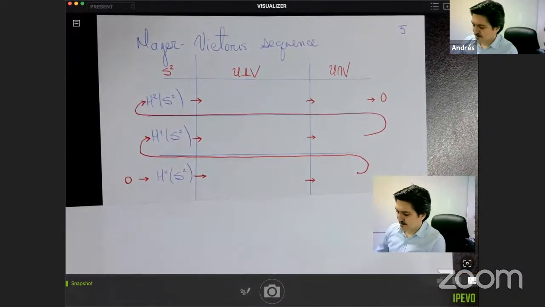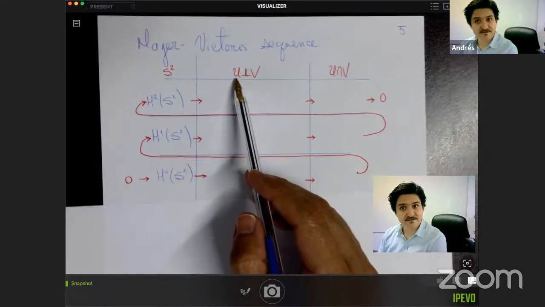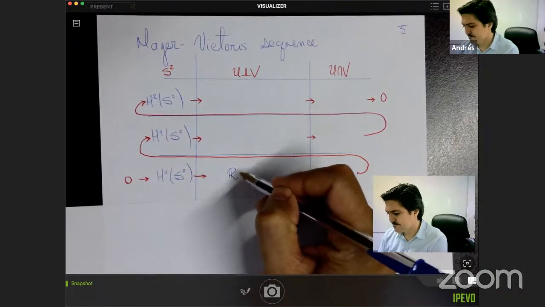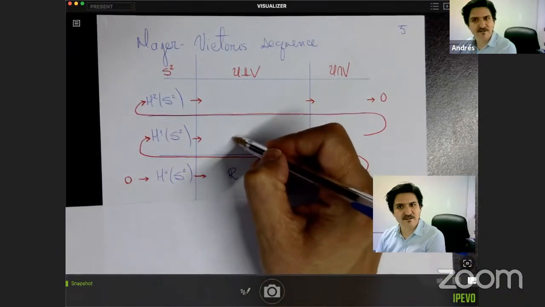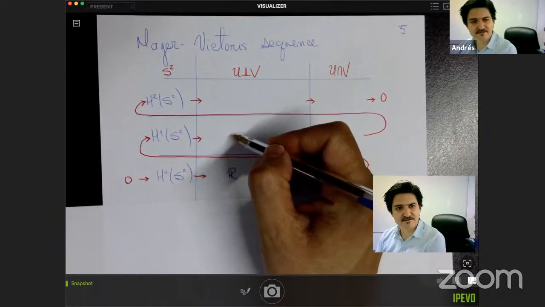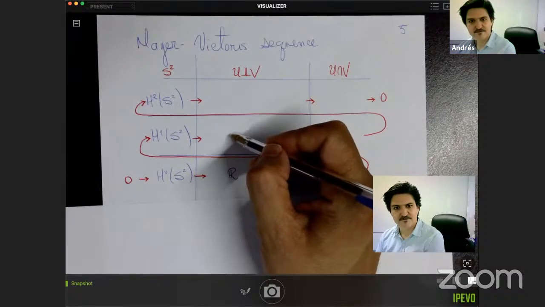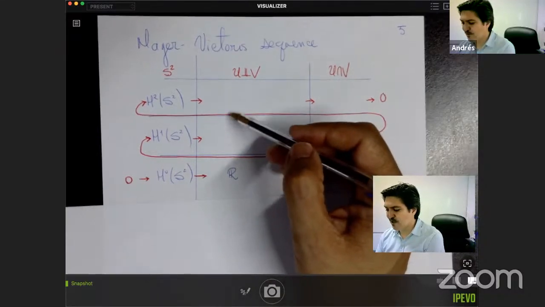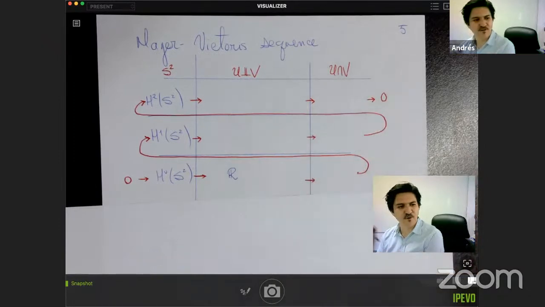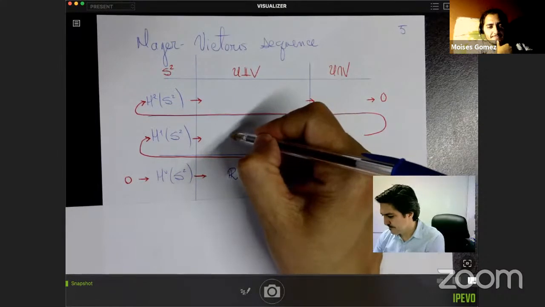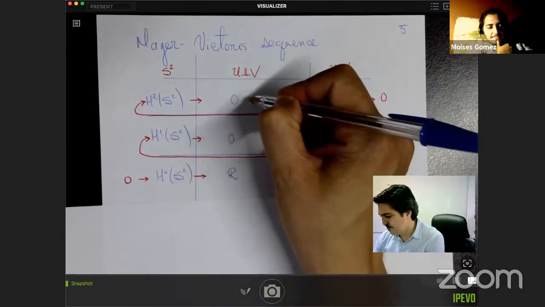Okay, so U is a point. I have cohomology in degree 0. What about in degree 1 and degree 2, the cohomology of a point? What is it? 0. Right.